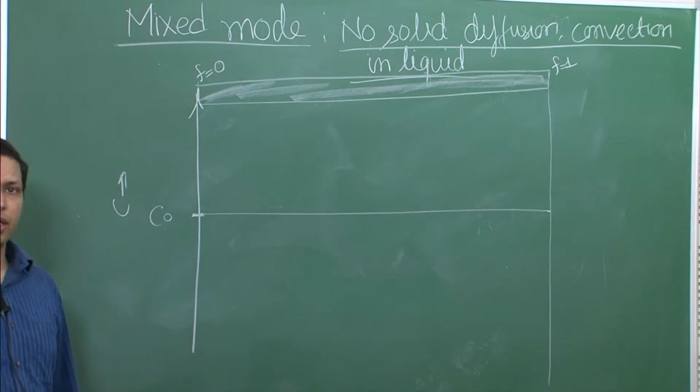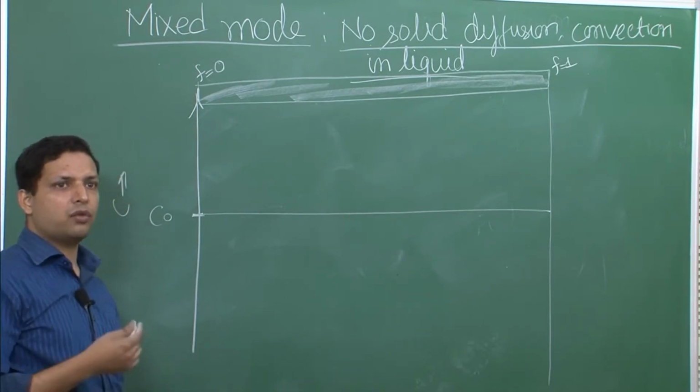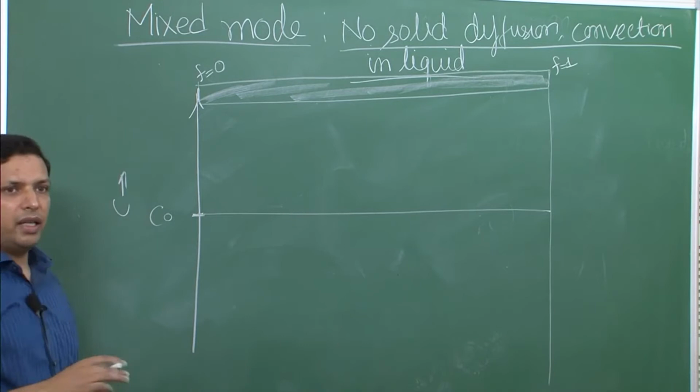Now, what was the simplest condition that we discussed in the first case? That was when we had complete equilibrium.